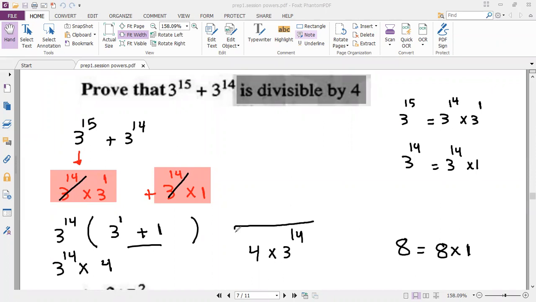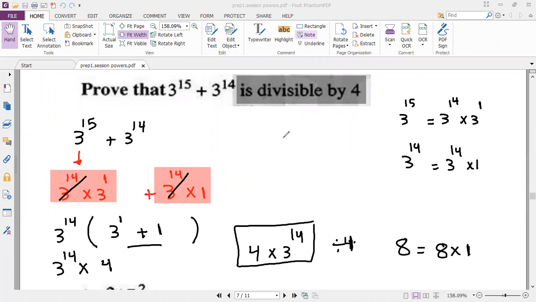You know this value is divisible by 4. Why is that? Because we have 4 here in this value. And what is the value of 3 to the power of 14? I'm not caring about 3 to the power of 14. I don't know the value of 3 to the power of 14.